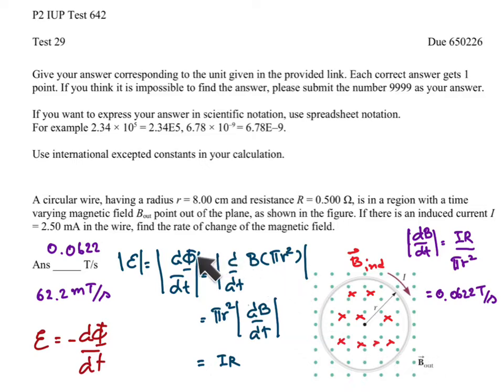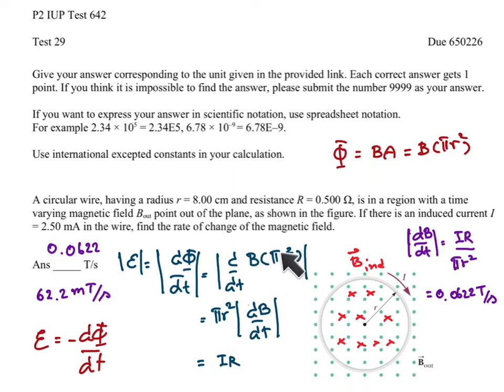So we can calculate the magnetic flux, right? In this case, the magnetic flux is equal to BA, and A is the area of the circle, so it must be equal to B times pi r squared, where r is the radius of the circle. So we substitute this magnetic flux here, which is equal to B times pi r squared.